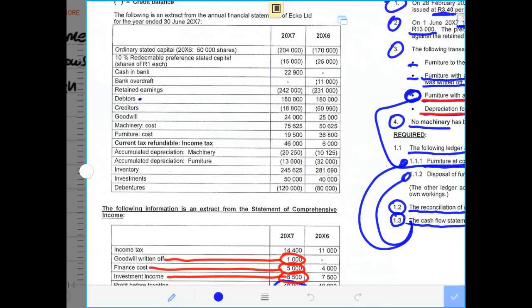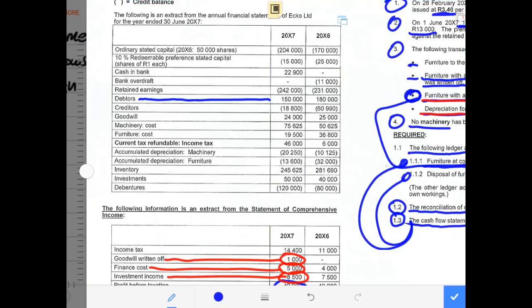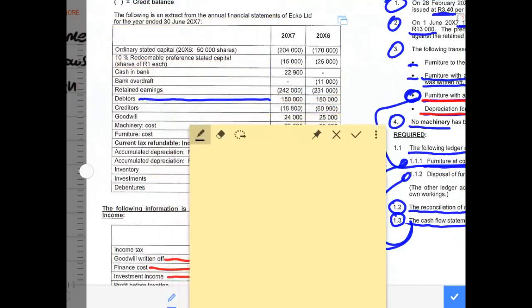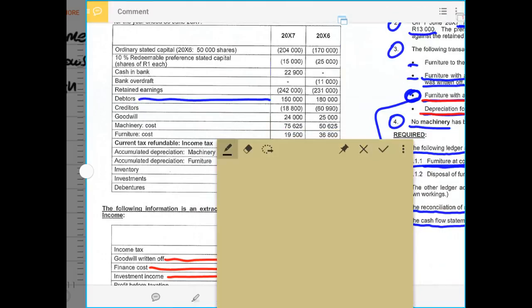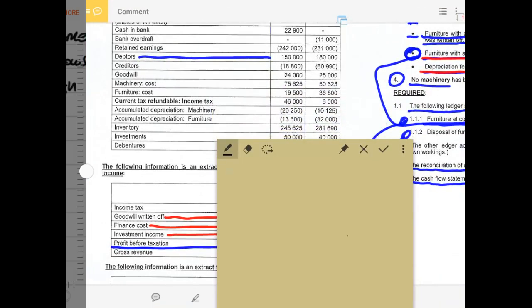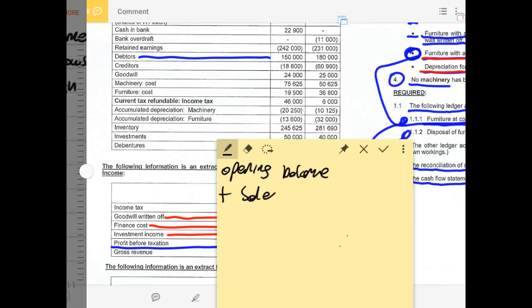We have our debtors in the balance sheet. Debtors has an opening balance of 180,000. So when we do the workings for the cash received from customers, we say opening balance plus sales minus closing balance. Remember, you can also do this in the ledger account. Sales will be recorded on the debit side of debtors.